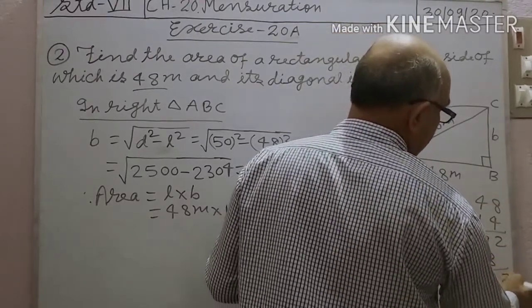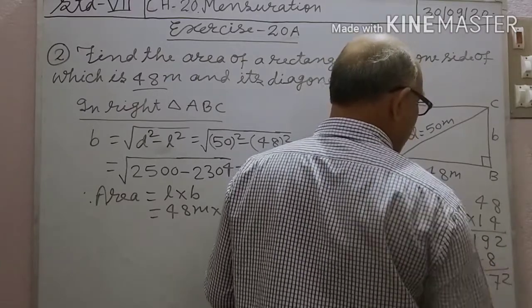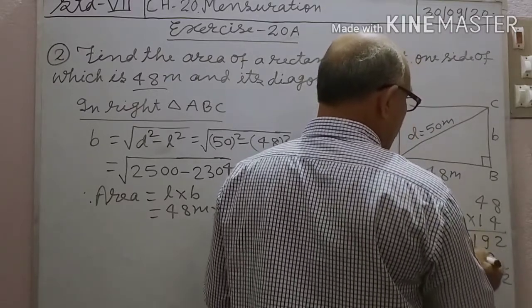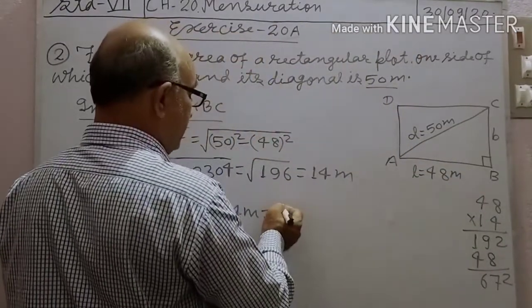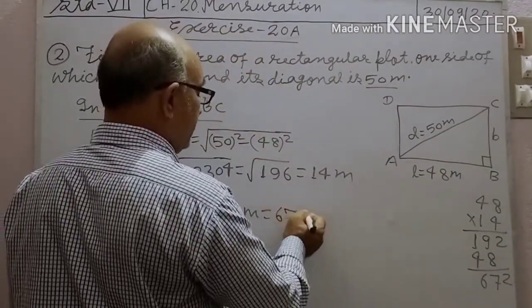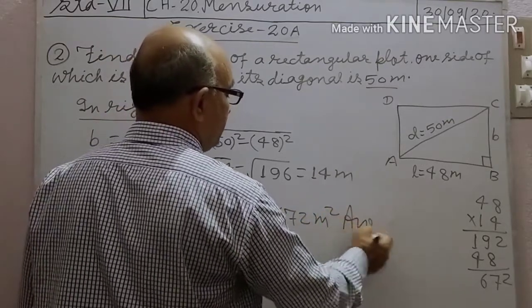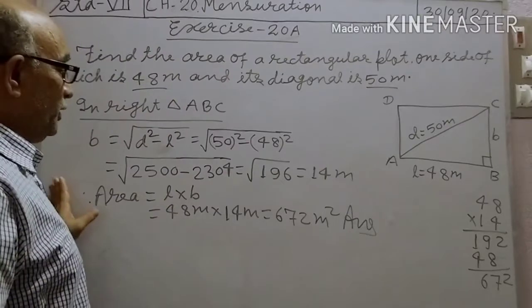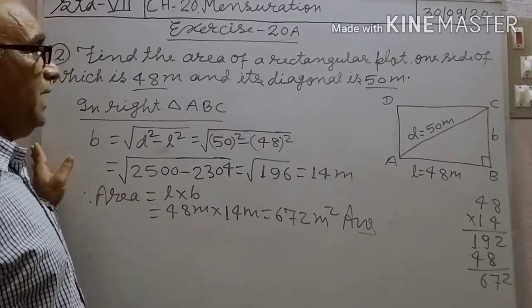Add it. 2, 9 plus 8, 17, write 7, carry 1, 1 plus 1, 2, plus 4, 6. 672 meter square is the area of the rectangular plot. So understand and write it.